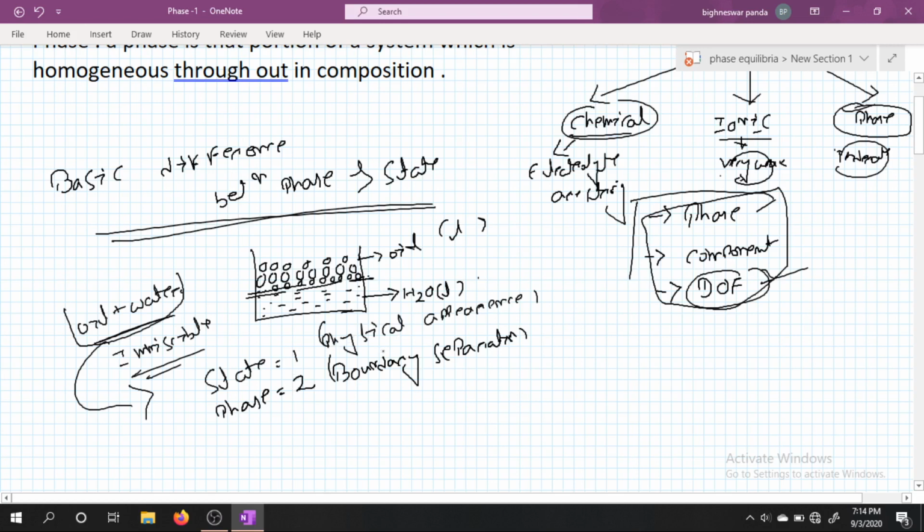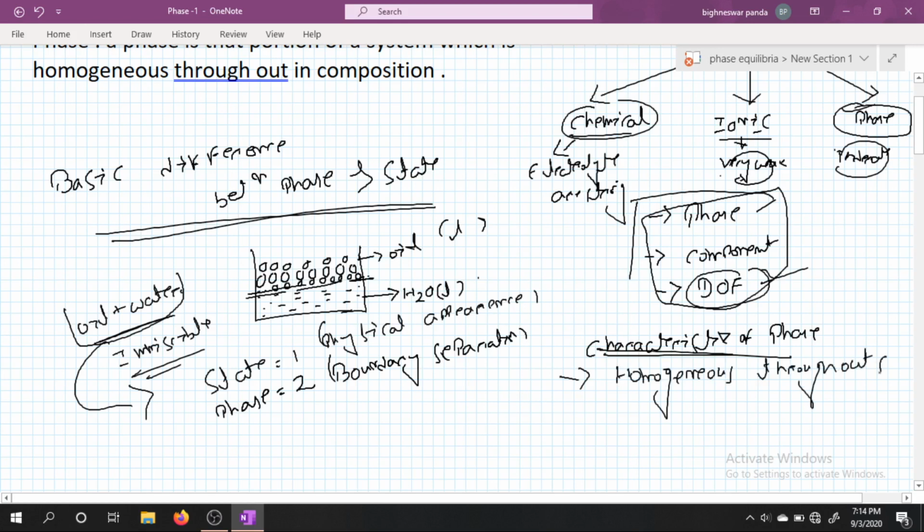As there is a boundary separation, I can simply state that two phases are present. So what are the characteristics of phase? The first characteristic is that phase is homogeneous throughout the system.